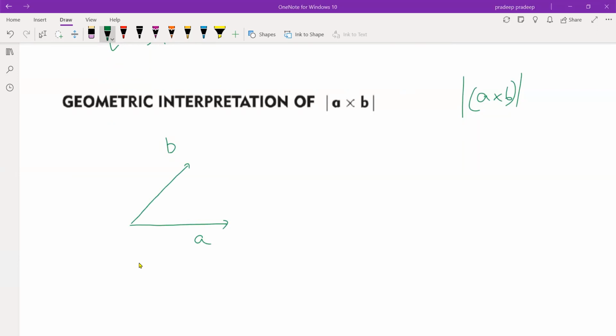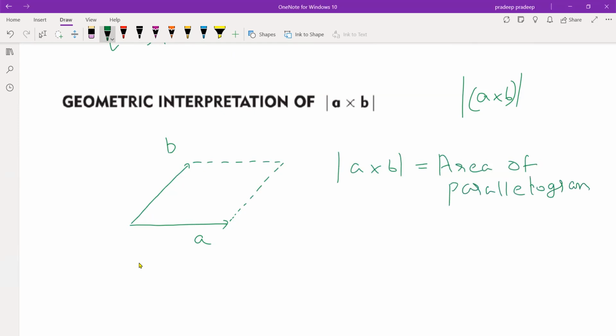So if I connect or rather make a parallelogram out of this, then the magnitude of A cross B will be equal to the area of this particular parallelogram which you are seeing here. Let me write down the letters: say PQRS.